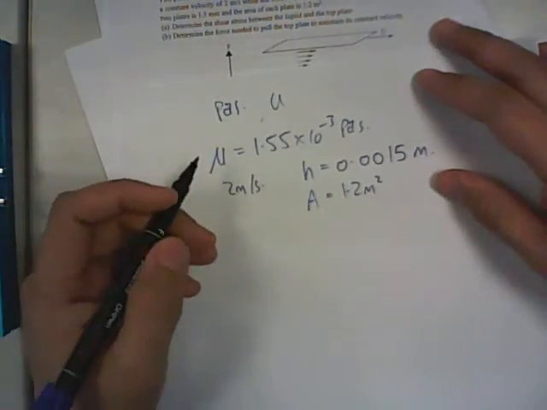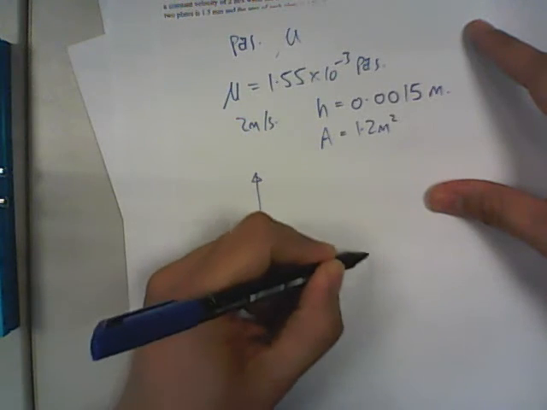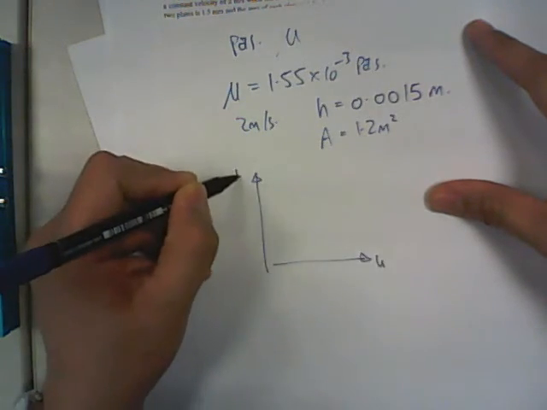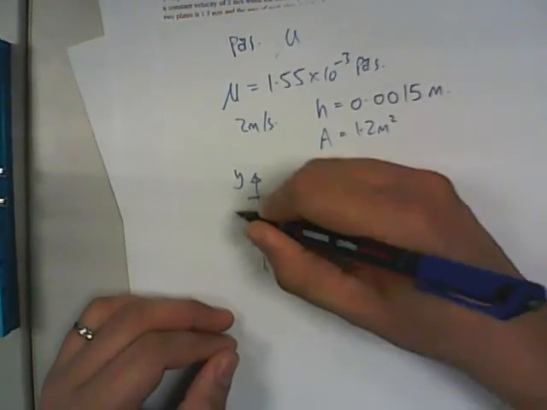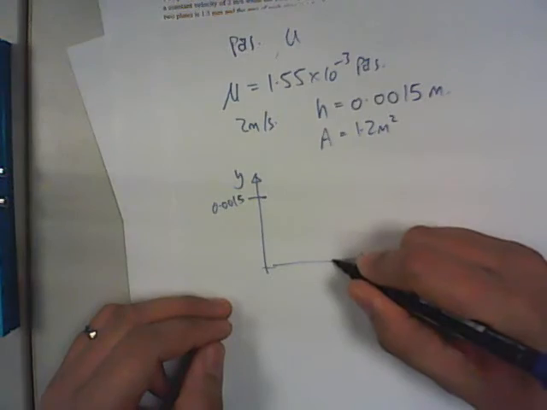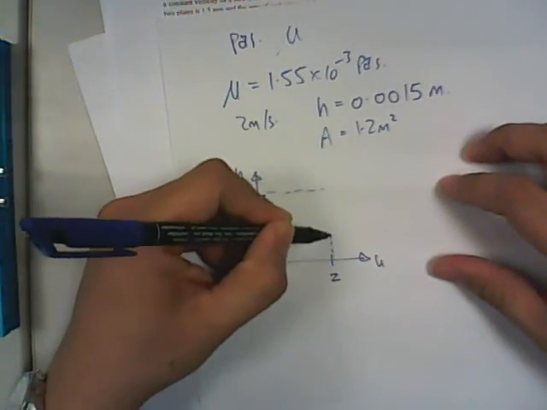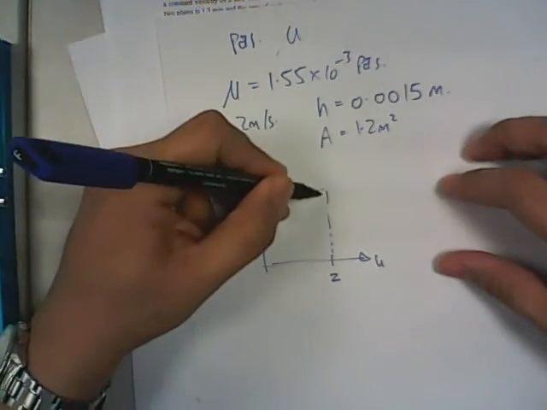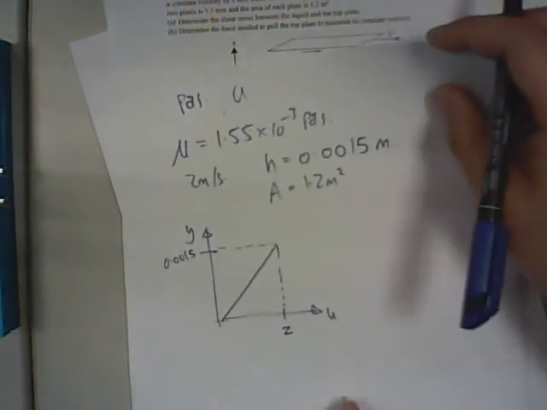Although the question does not ask you to draw, you can draw it this way: u, y, okay, 0.0015, and this is 2. So this will be your velocity profile. Okay, this is how you draw.